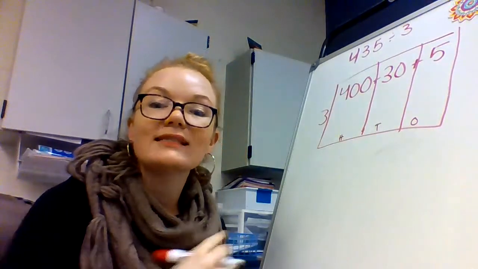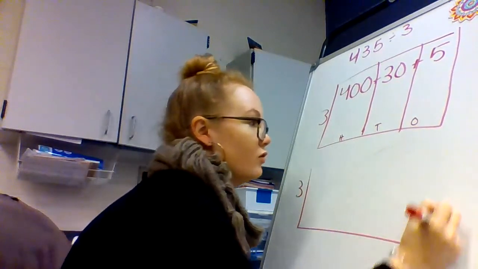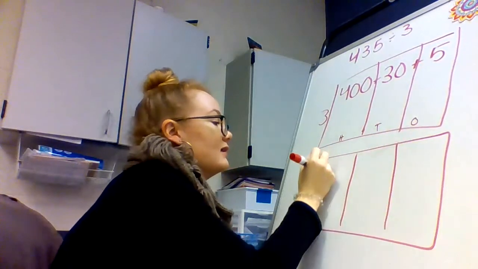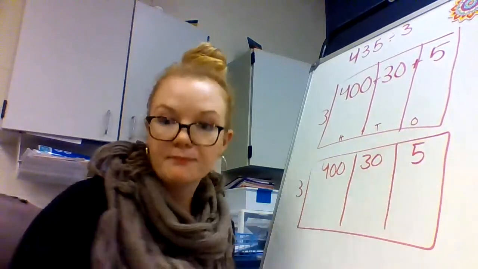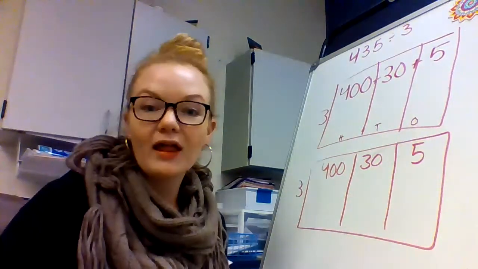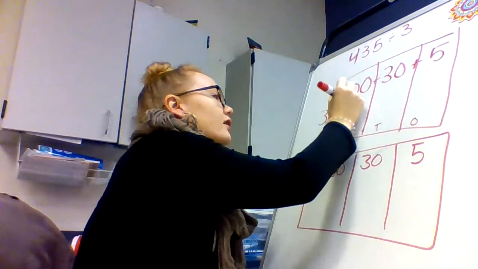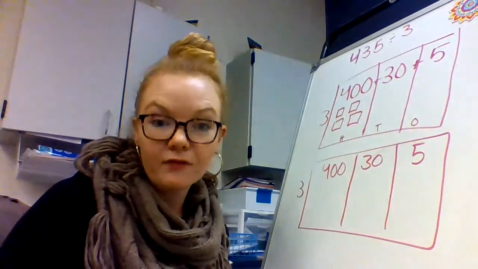Now, I'm going to do the exact same thing down here so I can show you both the model and the numbers at the same time. Okay? So let's see how this goes. In my model, I have 4 hundreds, which represents our base 10 flat.